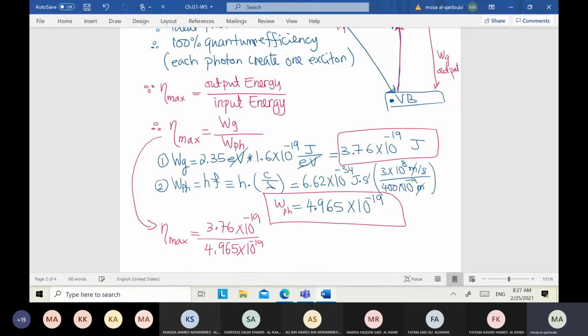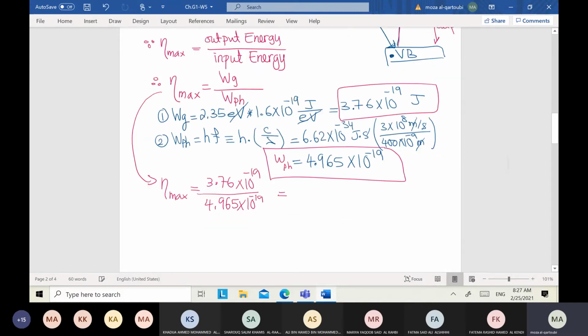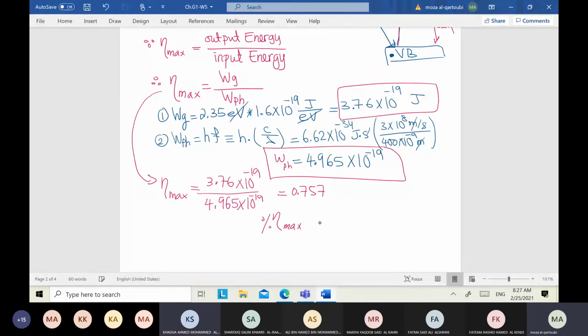The 10 to the power minus 19 cancels, and the unit also cancels. So the ratio is 0.757. As a percentage, we multiply by 100, so 75.7%.